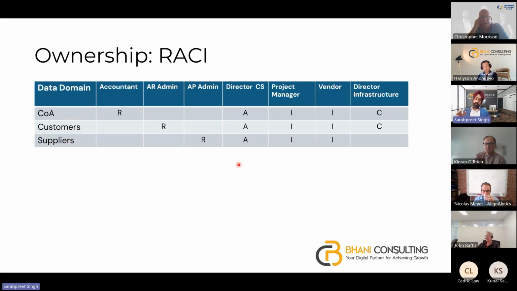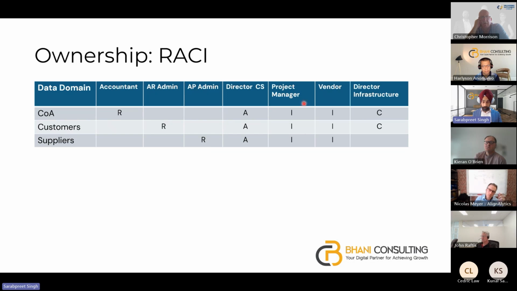Then we have the governance part, like a simple RACI matrix, which is who is responsible, accountable, consulted, and informed. We all use that in projects, and similarly, we should have this for data migration as well. So in this example, the director of corporate services, like in a local government, has chart of accounts, customer, suppliers. They are accountable to make sure they sign off on these data elements. We have different resources who are responsible to deliver this.